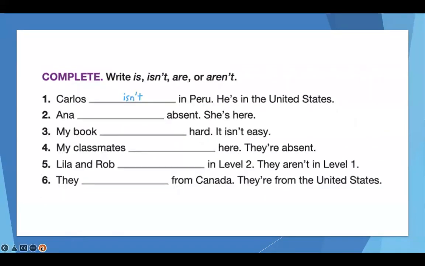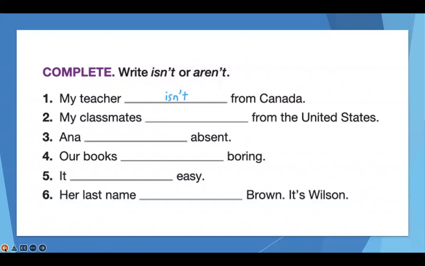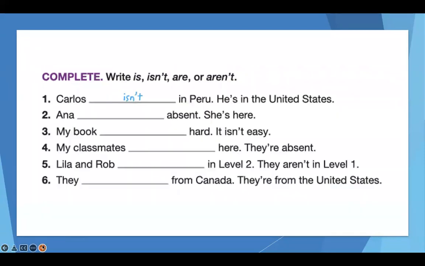All right, and I think one more practice activity is here. So we're going to write the words is, isn't, are, or aren't. Carlos isn't in Peru. He's in the United States. Anna, and we said in the last one that Anna isn't absent.